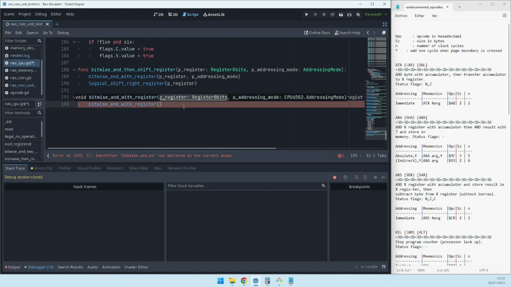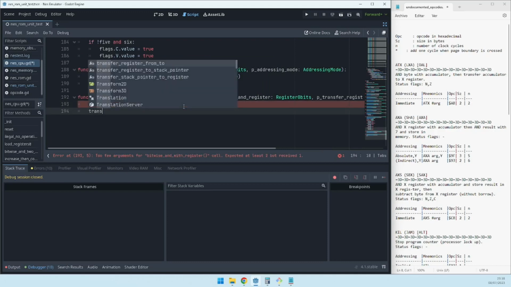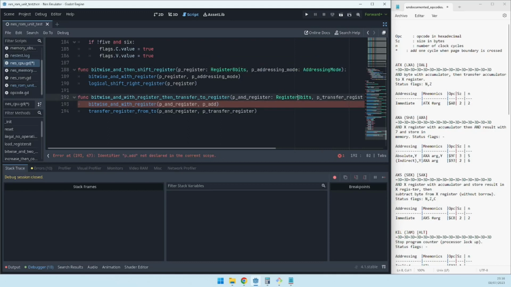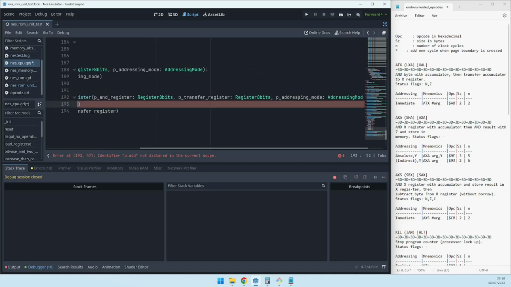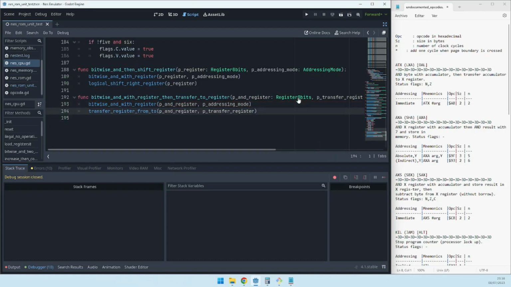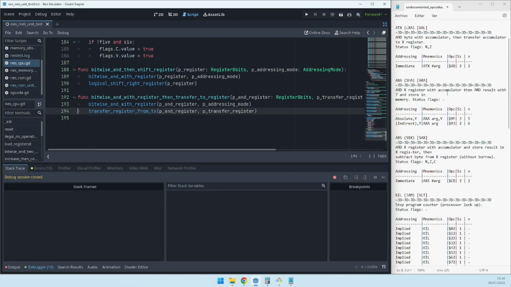Bitwise AND with register, P AND register, and then transfer register from 2, P AND register, P transfer register, and this one needs the addressing mode that I did not specify in the arguments. Okay, awesome.